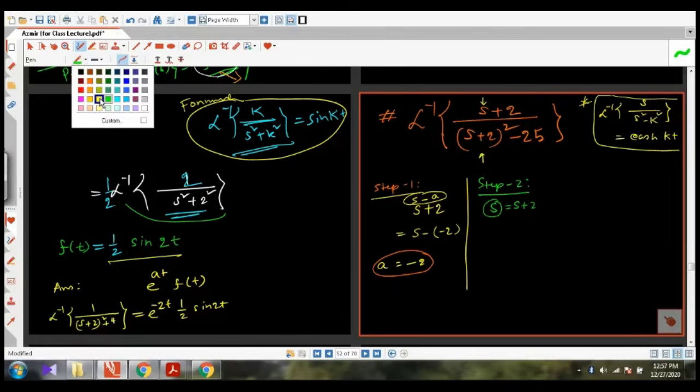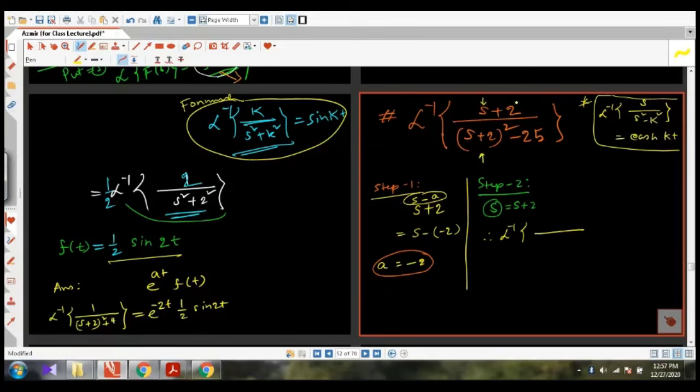That means the given problem is now being rearranged. Where we have s plus 2, we are replacing by s. So s squared minus 25. And now let's try to solve. Whatever result we will have, that will be f of t. And the inside quantity is our capital F of s.